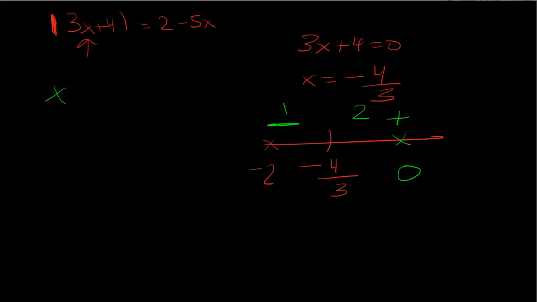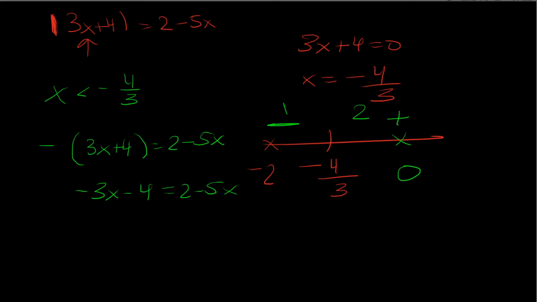For the first case, if x is less than negative 4/3, because the inside is negative, I need to multiply by negative again to make it positive. So I have negative 3x minus 4 equals 2 minus 5x. We add 5x, we get 2x, add 4, we get 6, so x equals 3.